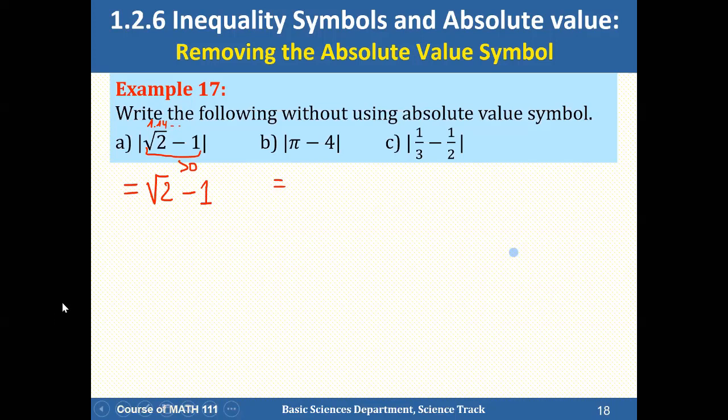وفي حال كان نيجاتيف، هل ممكن اللي داخل يكون نيجاتيف؟ هنا مثلا اللي داخل is it positive or negative؟ نيجاتيف.